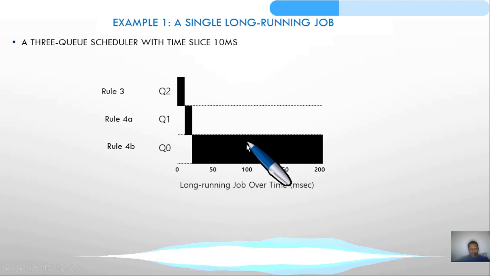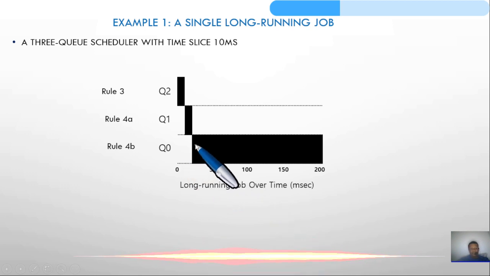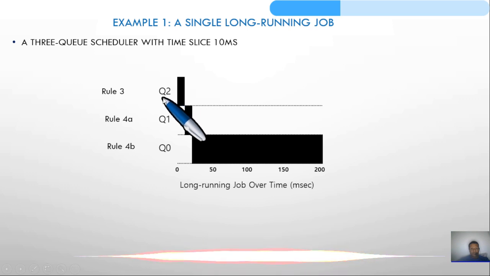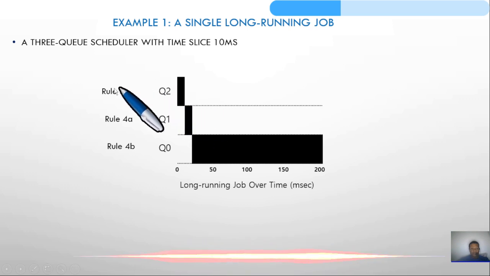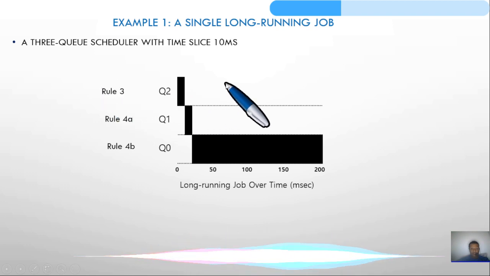As an example here, a 3-queue scheduler with a time slice of 10 milliseconds. As you can see here, a long-running job over time. Rule 3 applies here because the process starts here, at its priority.